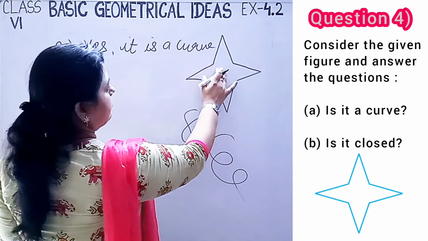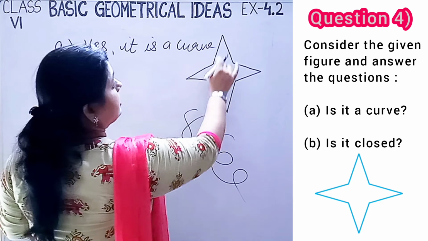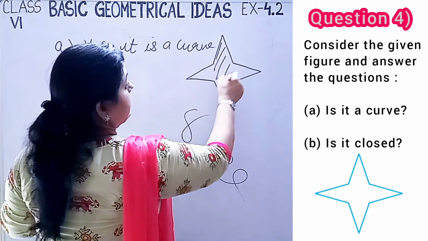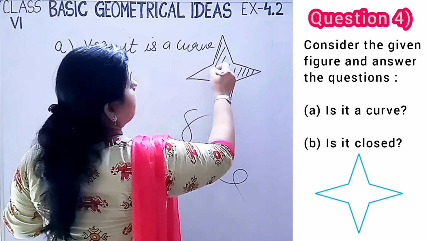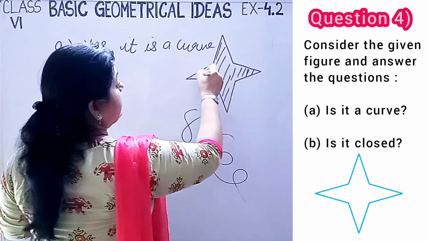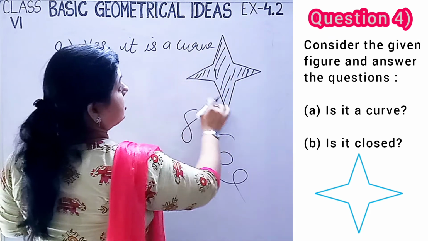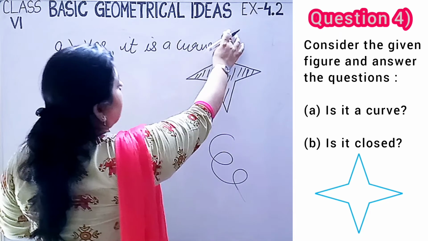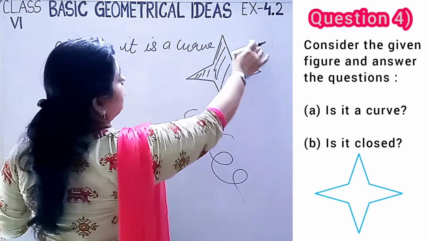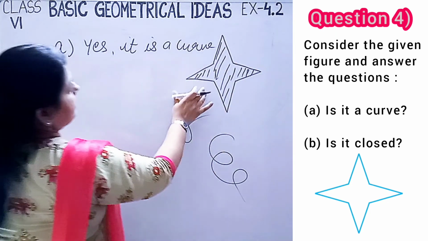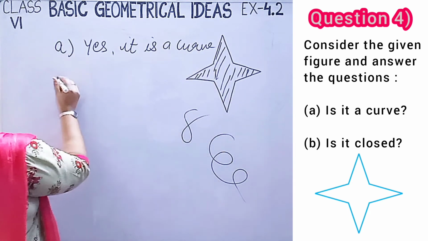Is it closed? We have already discussed that this is covering some area, and the starting point and ending point are the same. And there is no gap in the boundary. It means yes, it is a closed curve.